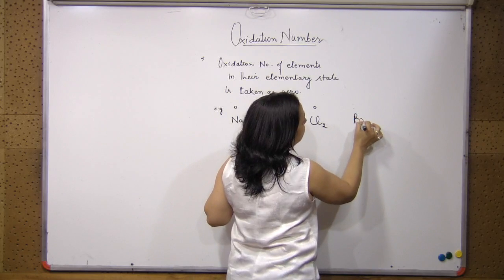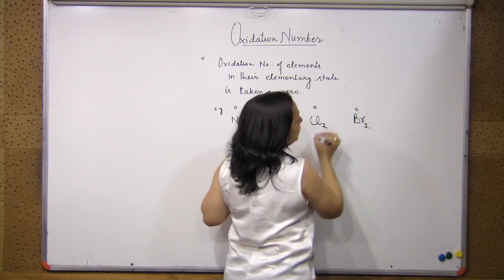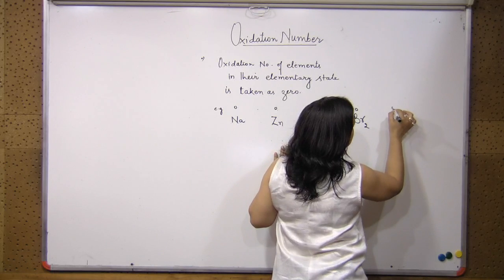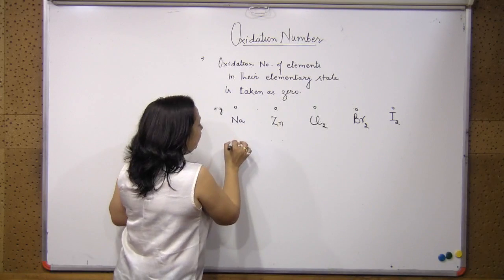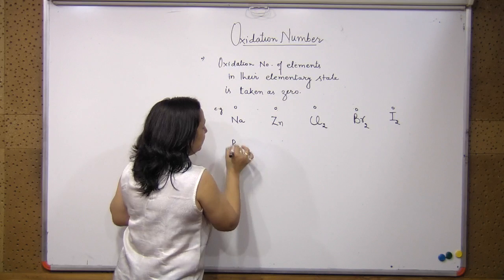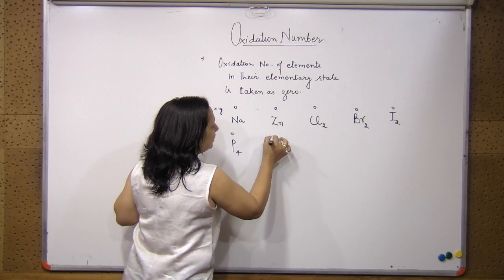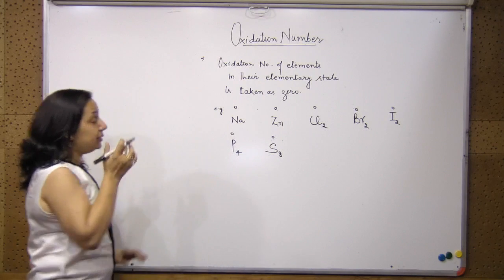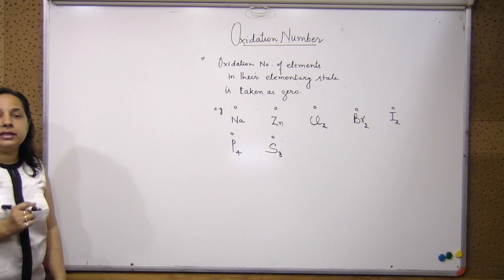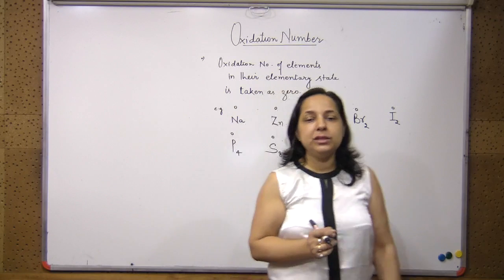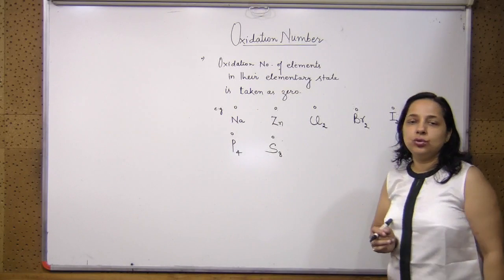If it is bromine, Br2, oxidation number 0. Iodine, oxidation number again 0. When we write P4, oxidation number 0. S8, 0. It means if elements are written in their elementary state, their oxidation number is taken to be 0, and this is the first rule we must remember.